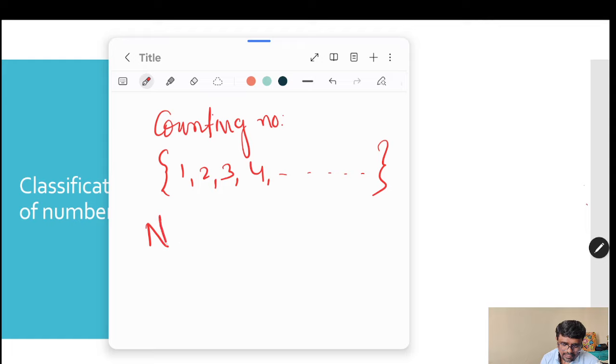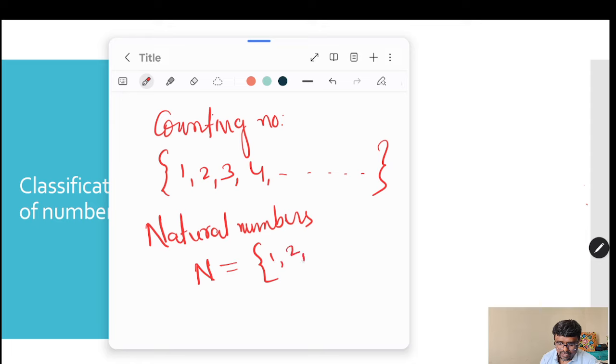So the first set of numbers is known as natural numbers, denoted by N. So N is equal to 1, 2, 3, 4 and so on to infinity. This is the first set, the basic number set, also known as counting numbers.